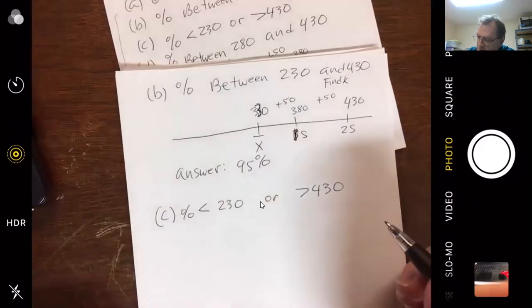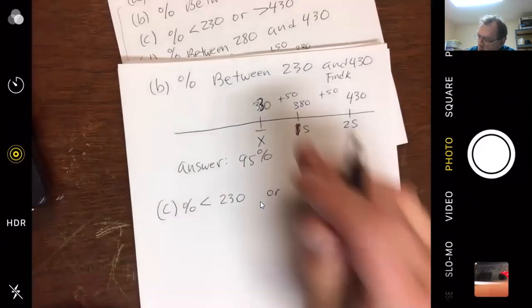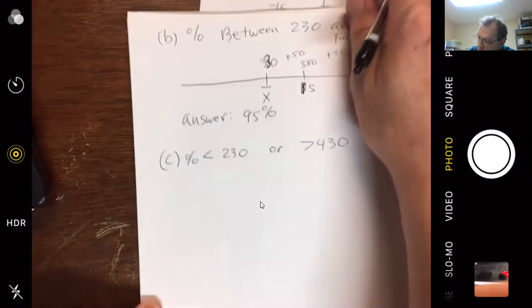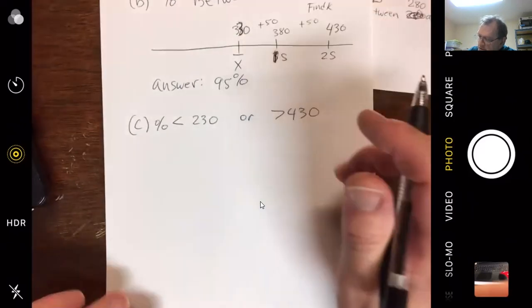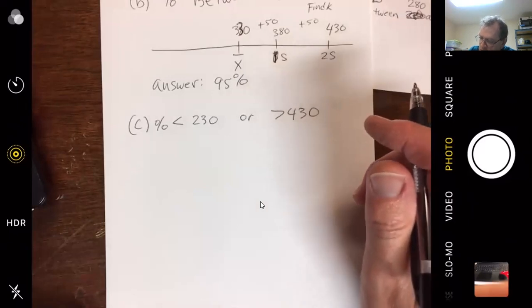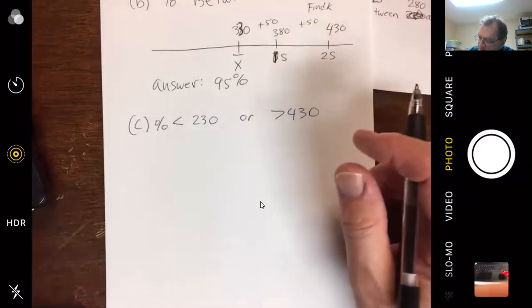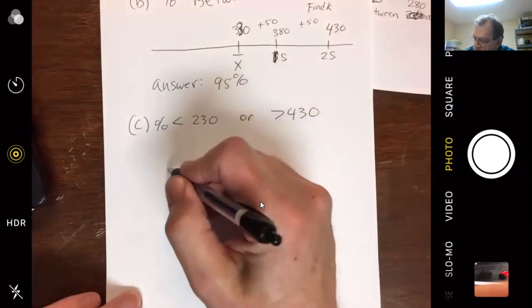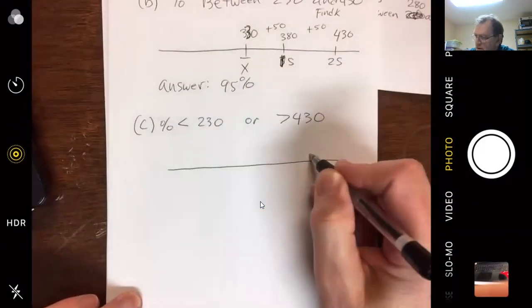All right. Just to picture this, we know at 430, you're at two standard deviations, and at 230, you're negative two standard deviations. Meaning at the center, 330. Why not change that to 330?